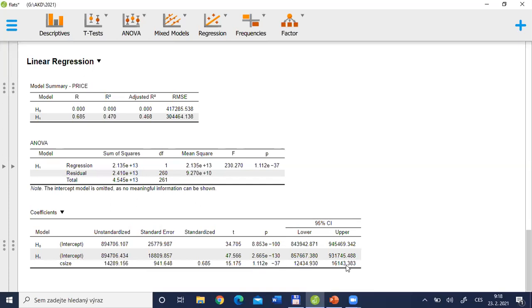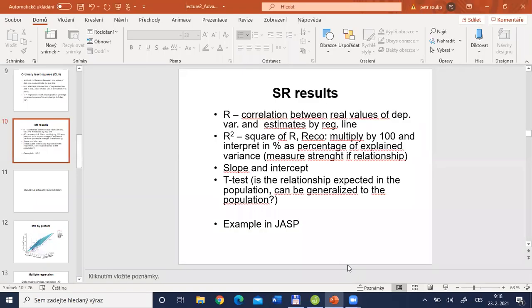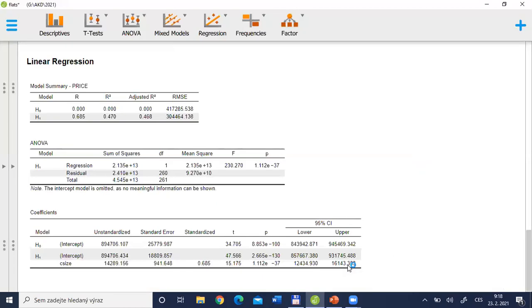Maybe this is also why in current literature you can find a recommendation that if you are computing quantitative results and trying to generalize them, maybe instead of testing or together with testing, you should also apply a confidence interval and interpret the upper and lower bounds of this confidence interval. So that's about the t-test and about the confidence interval in regression analysis.